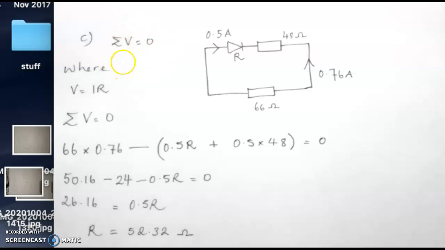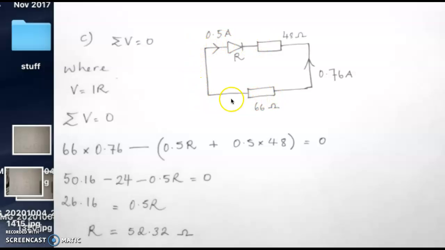First of all, what are the EMFs? There are no EMFs in this circuit. So because there's no EMF in the circuit, the net PD in this circuit has to equal 0. Okay, so I'm going to try and solve this, and it doesn't really matter which direction I move in. So I'm going to go this way as positive, right?